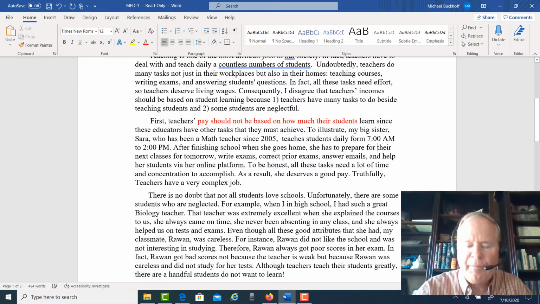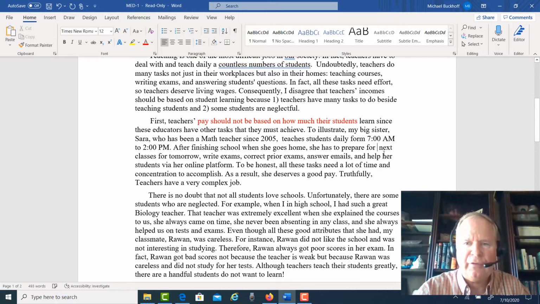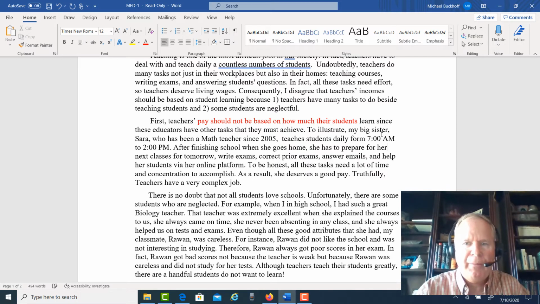So this is called a pronoun agreement shift. So we want to put for her next classes for tomorrow. She has to prepare for her next classes for tomorrow. She has to write exams, correct prior exams, answer emails, and help her students.